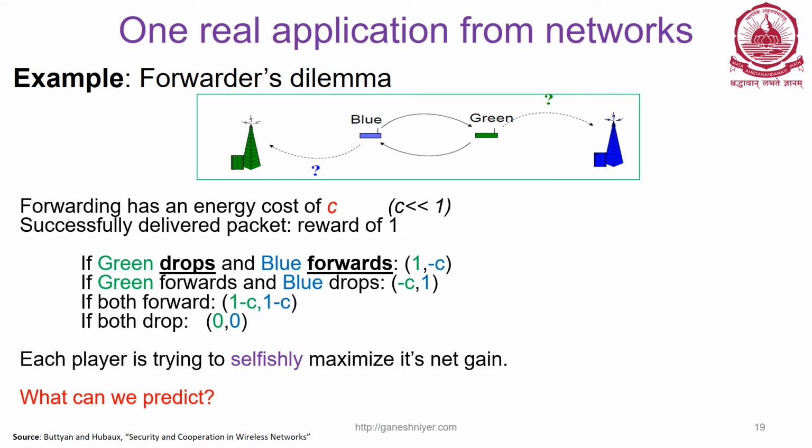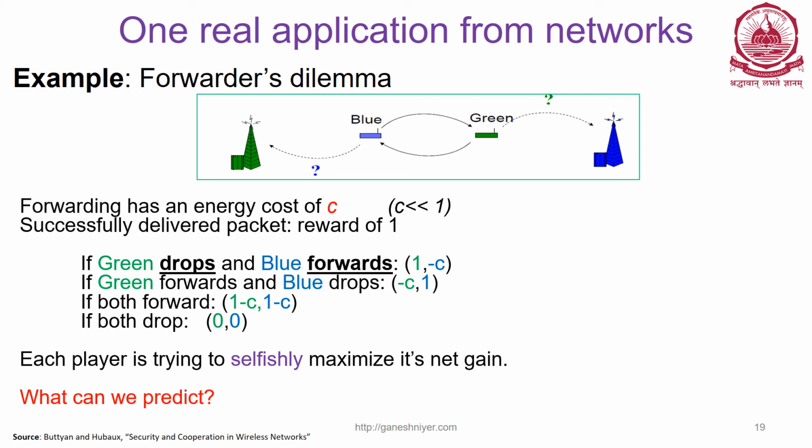How did you get that? The 1 for green is because blue forwarded green's packet, and minus C is because green forwarded blue's packet, and you have to interpret it that way. If both drop, no cost is involved and no packet reaches the destination. Each player is trying to selfishly maximize its own gain.